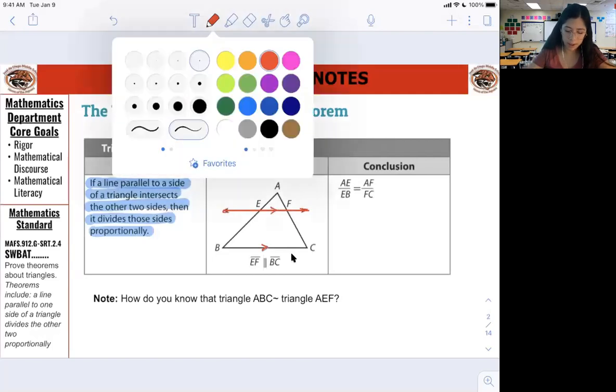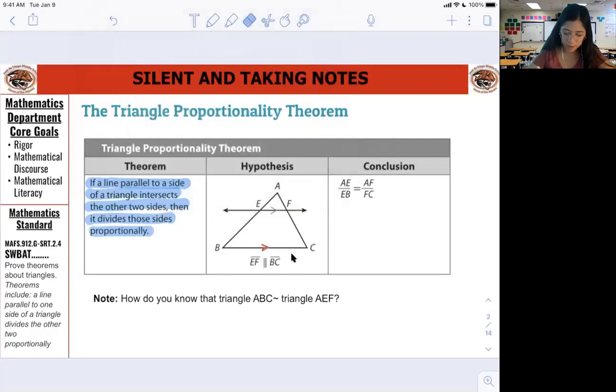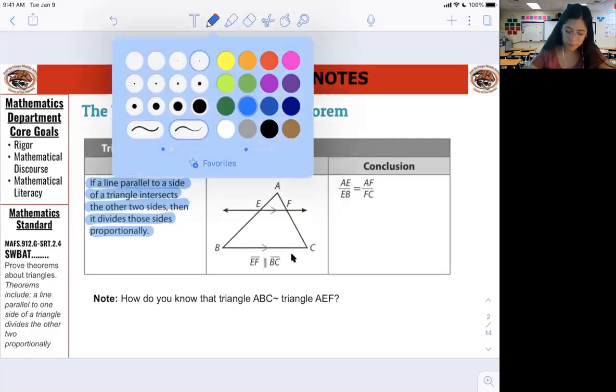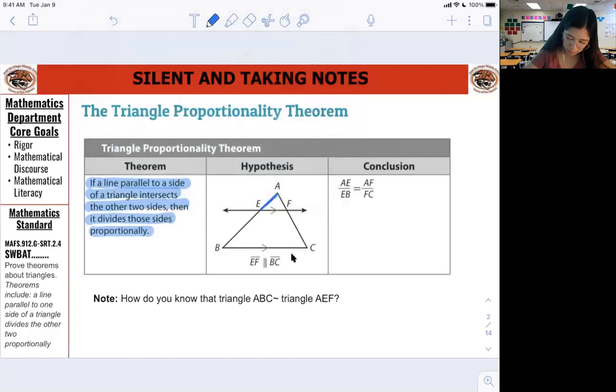So this is telling me that because I have this parallel line, AE over EB is equal to AF over FC. Okay. So EA over EB is equal to AF over FC.